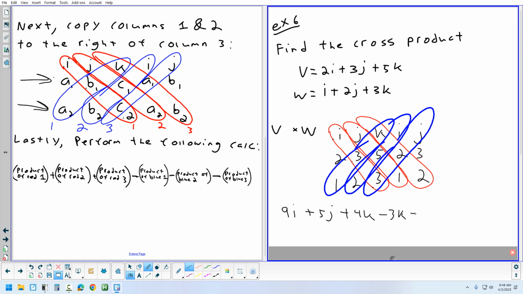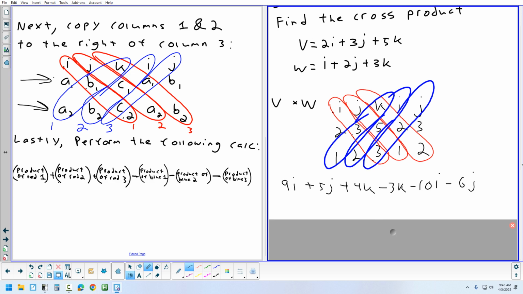Then we're going to minus i, 5, and 2. 10i. Minus the 10i. That's where people mess up. They don't minus it. Right? You've got to minus it. And then j, 2, 3. 6j. And we're going to minus it. Okay. Now, combine like terms, and that's the answer.